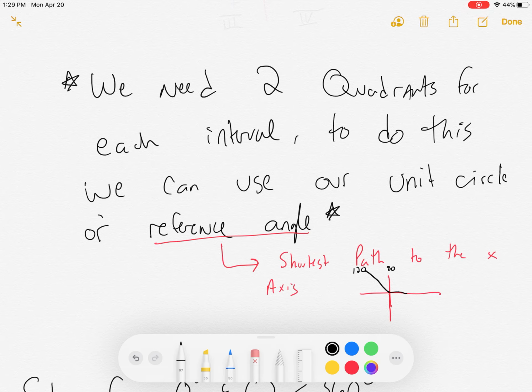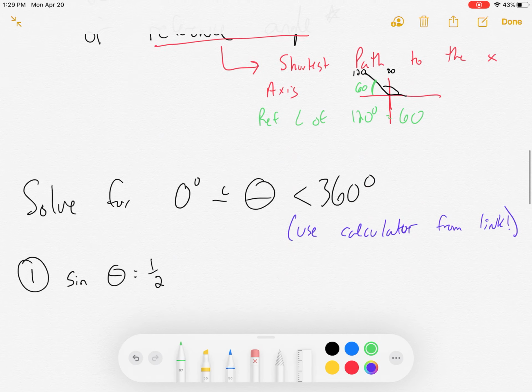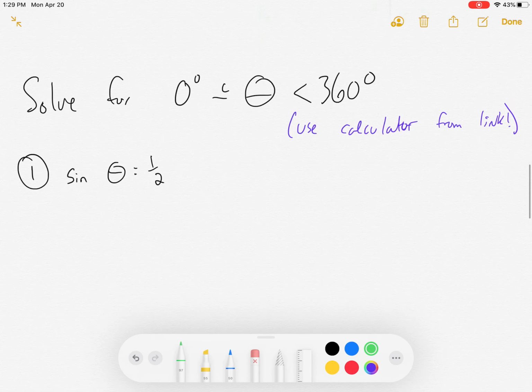This is 90, so 120 is right there. The reference angle for 120 is not 120. What's the shortest path to the x-axis? That would be 60. So the reference angle of 120 is 60 because it's the shortest path to get back to the x-axis. Hopefully that should all be a review for you.